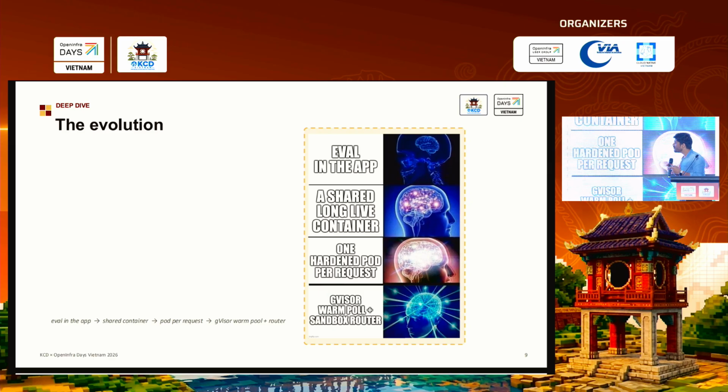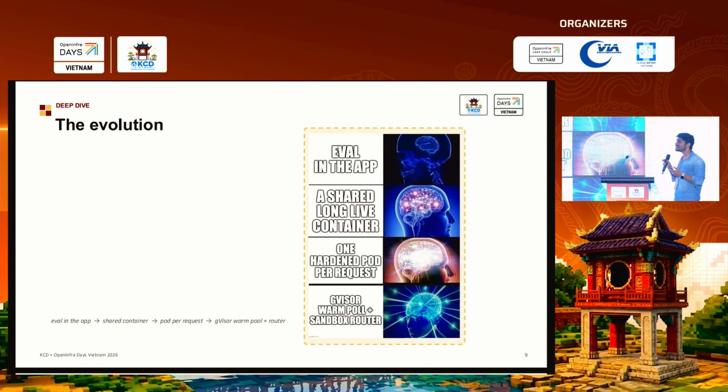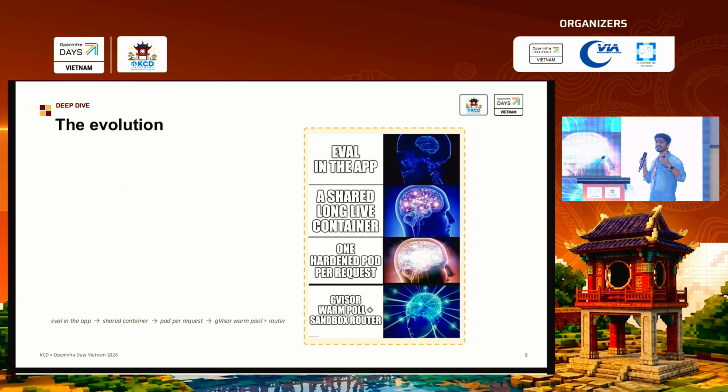So this has been the evolution, right? How we should evolve, seeing all the issues, all the hacks that are happening in the AI ecosystem. Evaluating or running the agent-generated code within the same app, we should completely avoid that. Having a shared long-lived container, we should again avoid that, because we don't want different requests to share the same context.